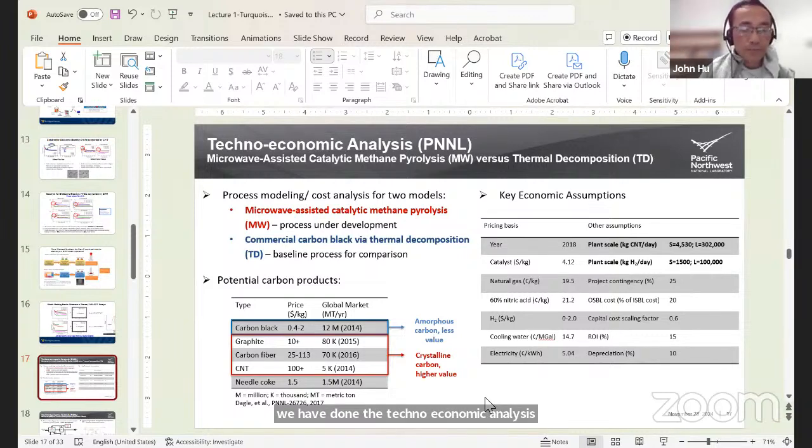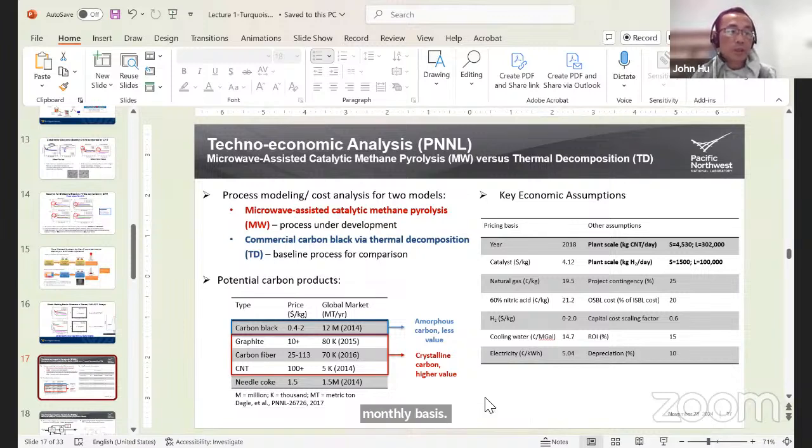If you're familiar with ammonia synthesis, we spent almost 2 days discussing techno-economic analysis on ammonia synthesis. Same thing here, techno-economic analysis on the hydrogen production using pyrolysis. This is the data: how much the catalyst costs, how much the raw material costs, and how much hydrogen we can sell.